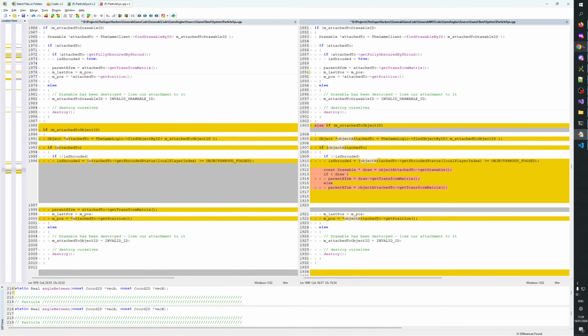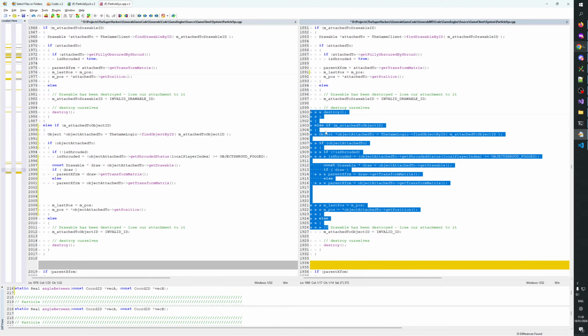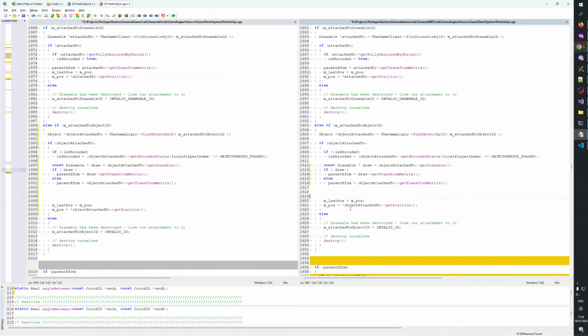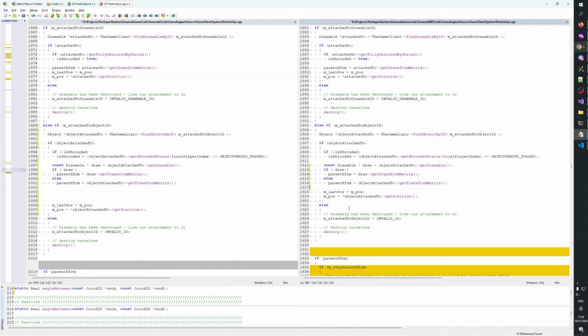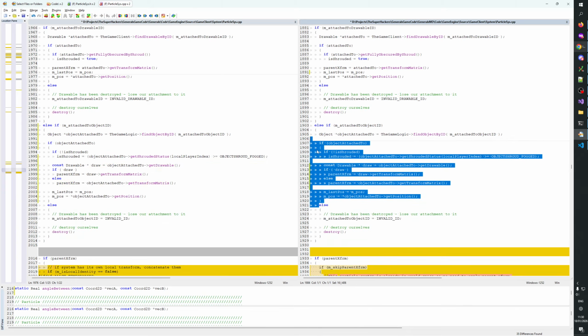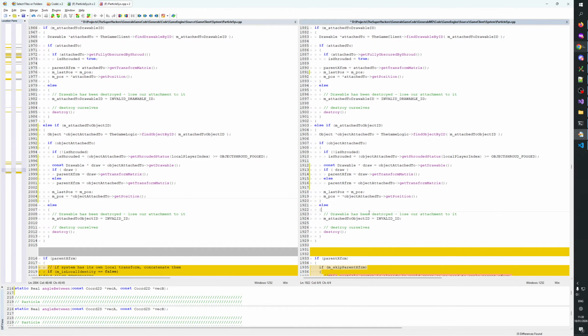It's shrouded, yeah. Draw parent Xform. Okay. I guess that's safe, yeah. Let's improve the formatting here a bit because that looks a bit wild. Okay, that looks a bit better on the eyes.